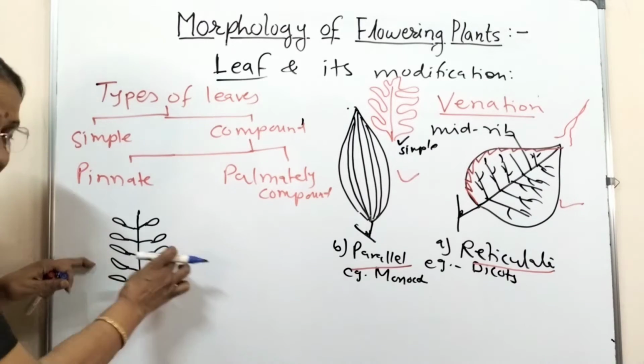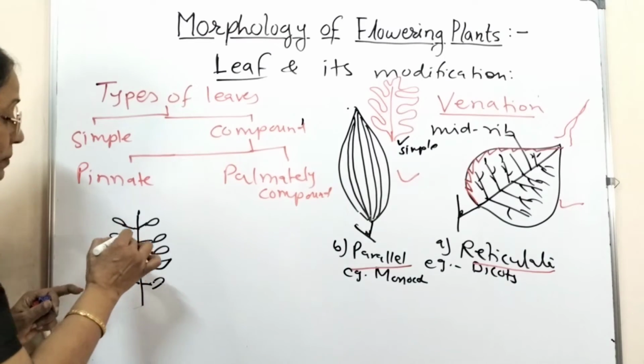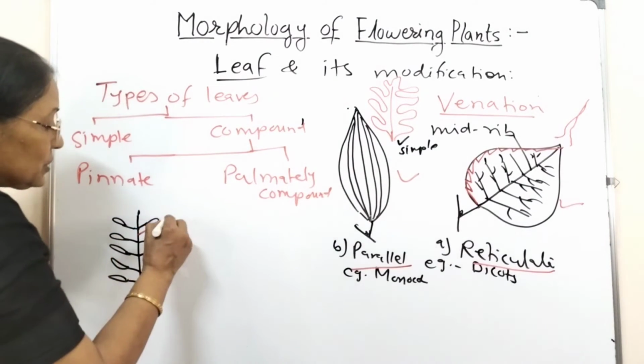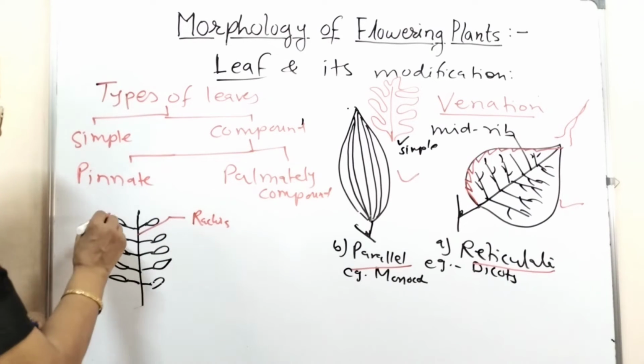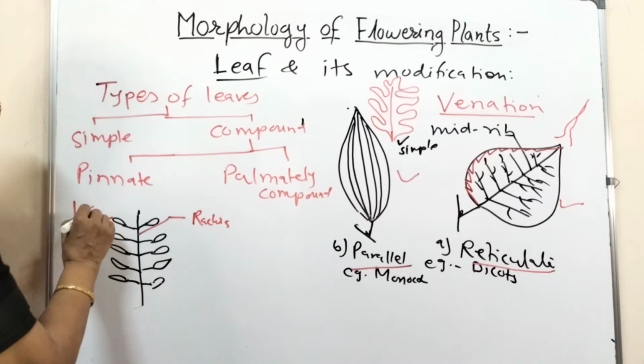Now the incisions have moved inwards and they have touched the midrib. Now this midrib is no longer called midrib. This is called a rachis. इसको हम कहेंगे rachis. और ये जो छोटे यहाँ पे हैं, these are not leaves but they are leaflets.